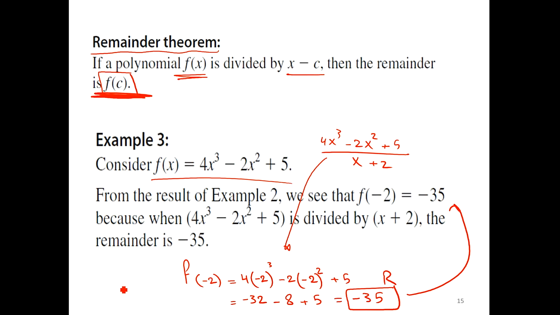This works only if we divide by x minus c. If we have division by x squared, or x squared plus x, or 2x minus 5, it must be divided by only x minus c.